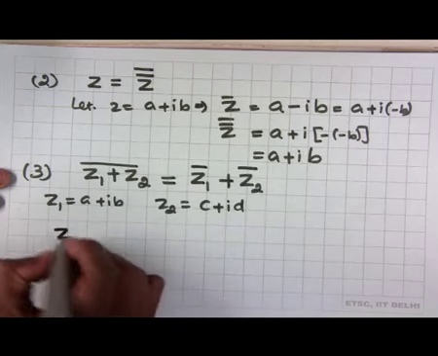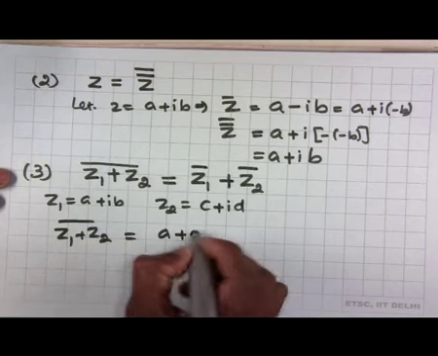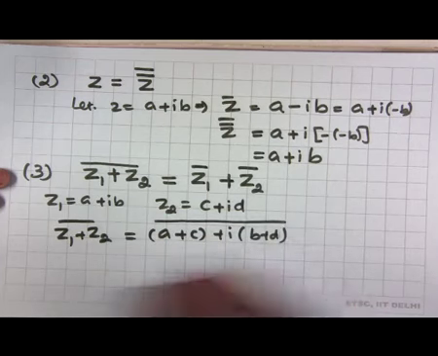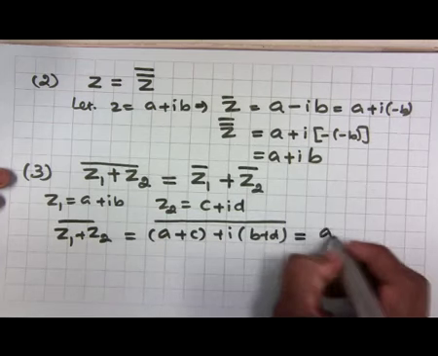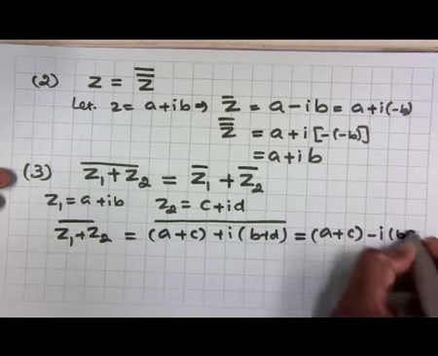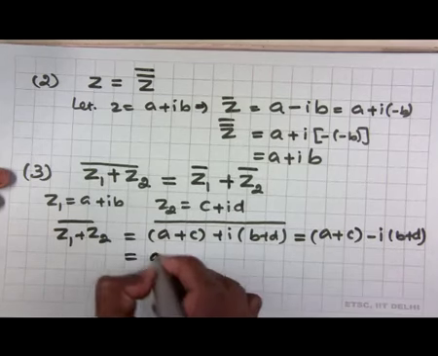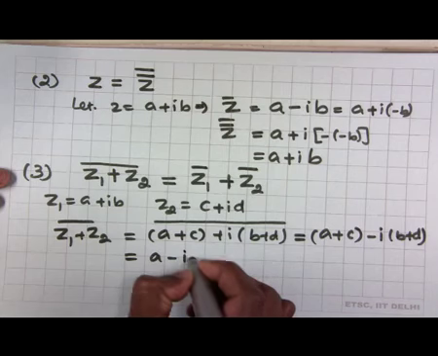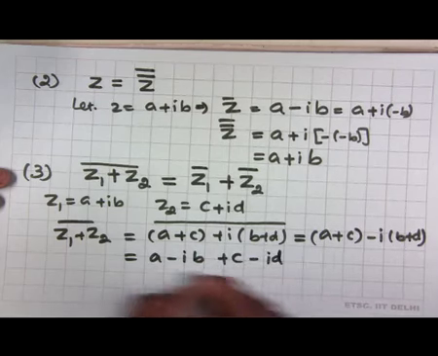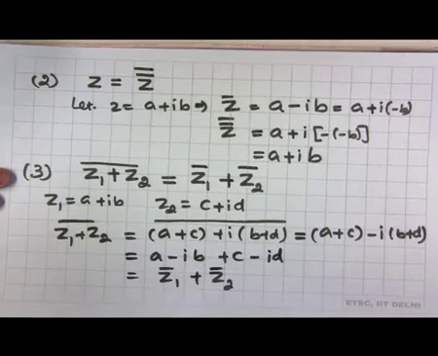Then the conjugate of Z1 plus Z2, which is A plus C plus I times B plus D, whole conjugation. By definition, this is A plus C minus I times B plus D, which we can write as A minus IB plus C minus ID. This is nothing but Z1 bar plus Z2 bar.